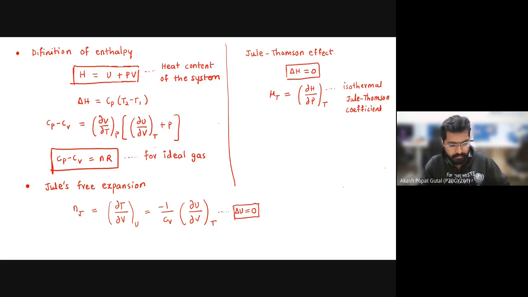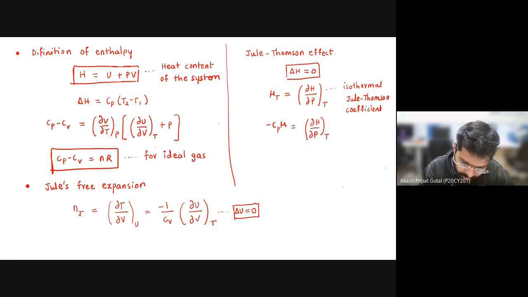And after that, we found that the actual Joule-Thomson coefficient is denoted by mu, and it has a relation with the isothermal Joule-Thomson coefficient: mu is minus 1 by Cp del H by del P at constant temperature.